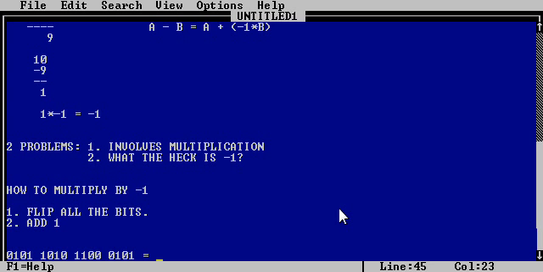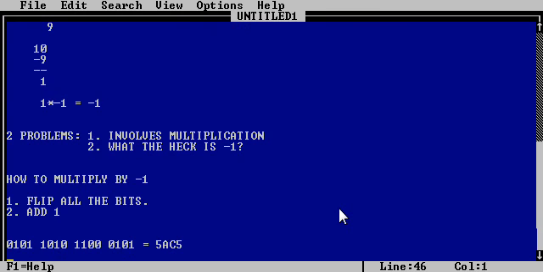That in hex is 5AC5. And the other number is 375D. Work that out.